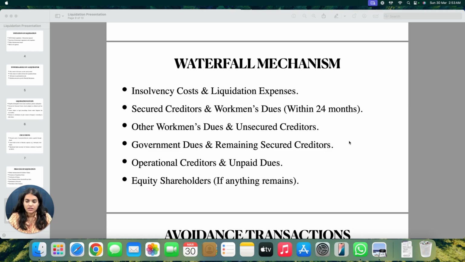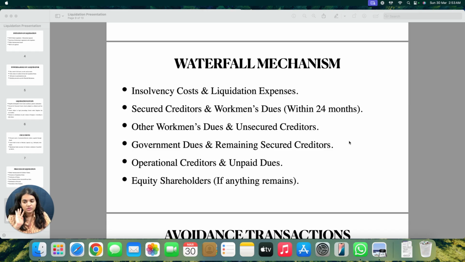And the secured creditor will also have to realize an amount not less than the amount that was stated to the liquidator. So they cannot go below the 10 crore limit that they have set to the liquidator. They will also have to sell it at the same rate.